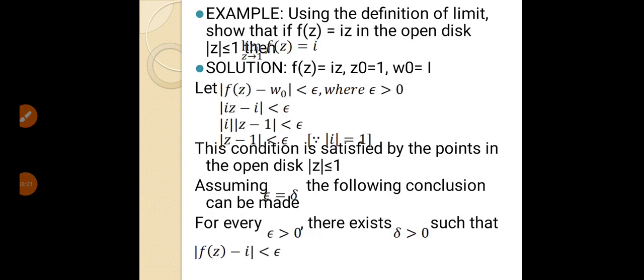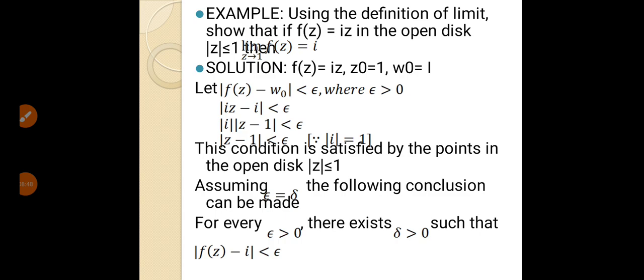Example: using the definition of limit, show that if f of z is equal to iz in the open disk modulus z less than or equal to 1, then the limit as z tends to 1 of f of z is equal to i.